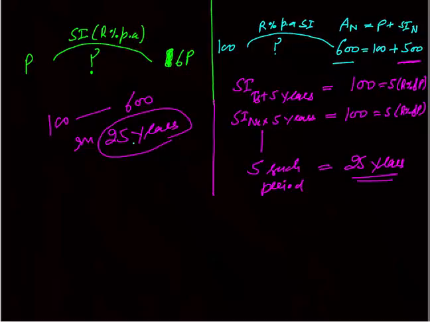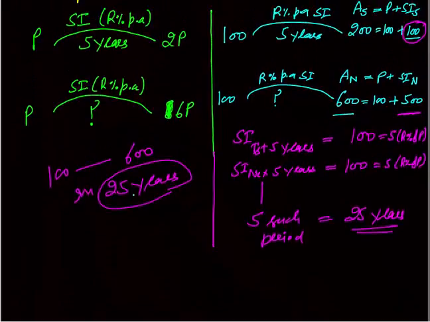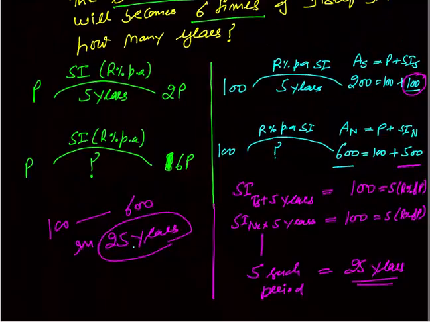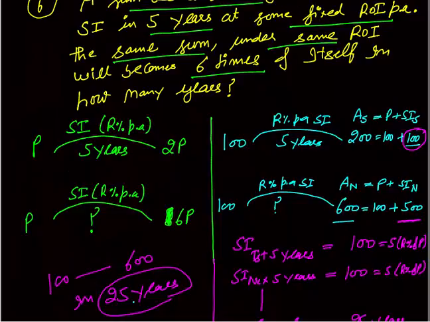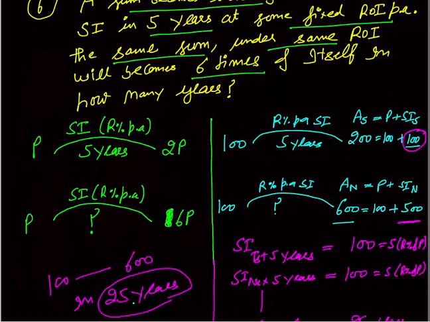This question can be solved in an exam in less than 30 seconds. I'm explaining how you can solve this question in less than 30 seconds. Whatever I have written, you have to think that in your brain. Suppose that you invested 100 and it becomes 200 in 5 years. So simple interest of 5 years is 100.